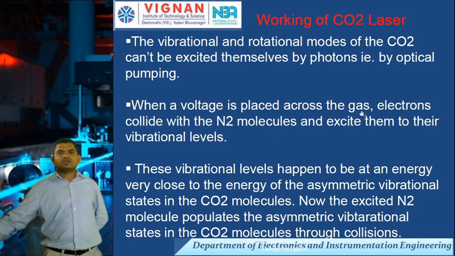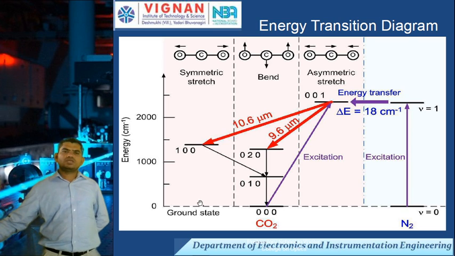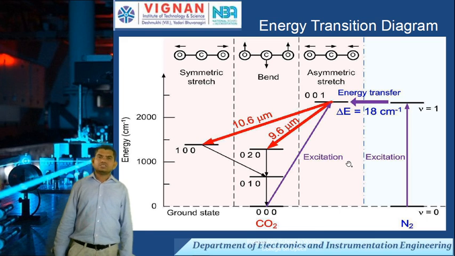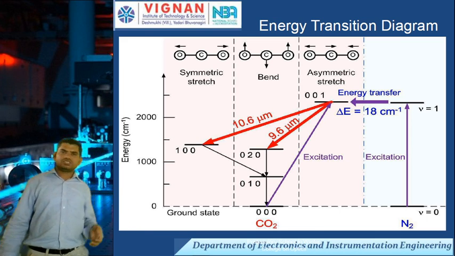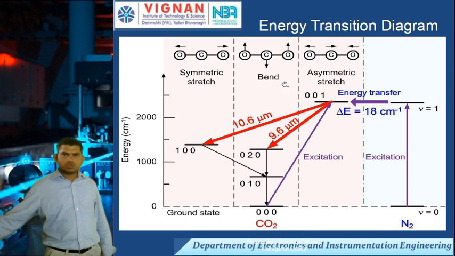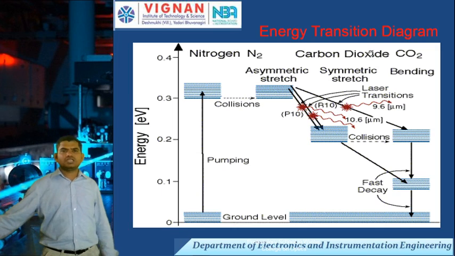Here, first we give a high voltage DC supply. The electrons collide with the nitrogen molecules, and the nitrogen molecules go to the higher energy level, the asymmetrical higher level state. From the asymmetrical higher level, the molecules fall down to the next state, the bending state and the symmetrical state. This is the carbon dioxide energy transition diagram.